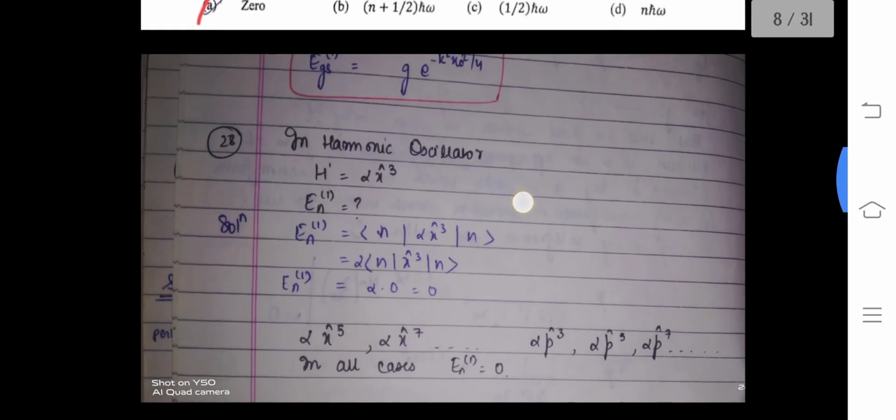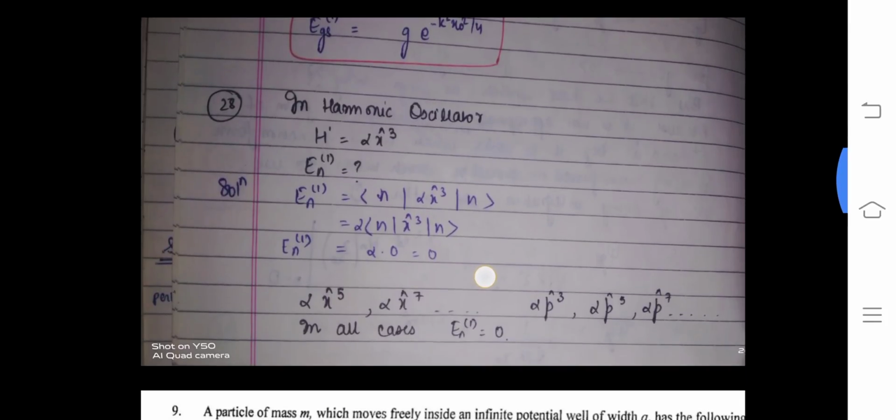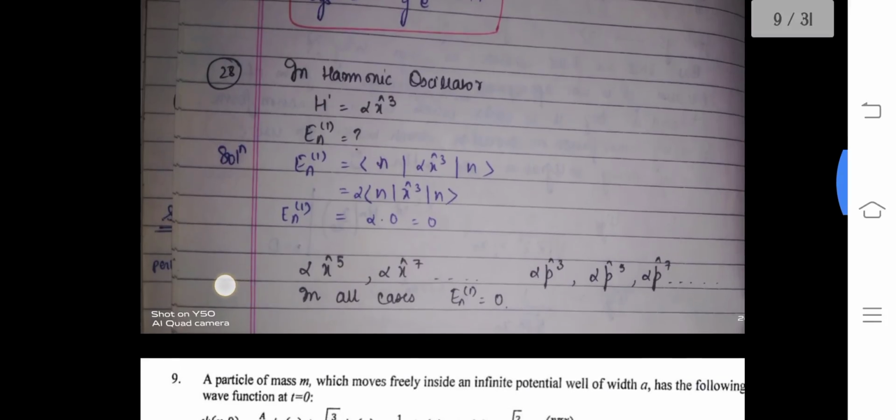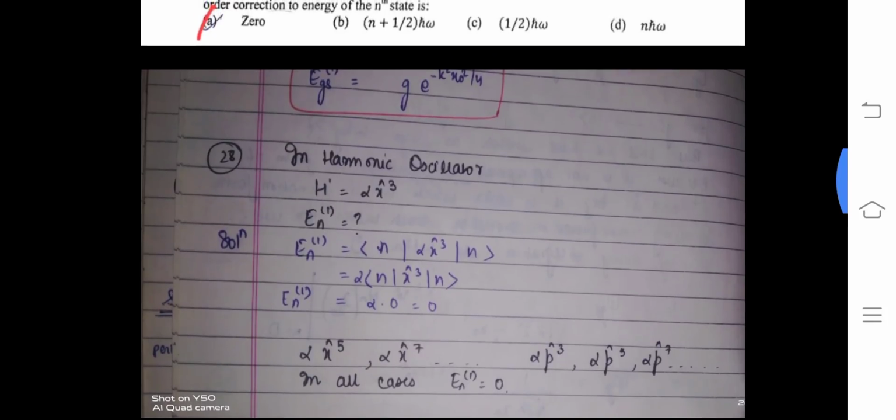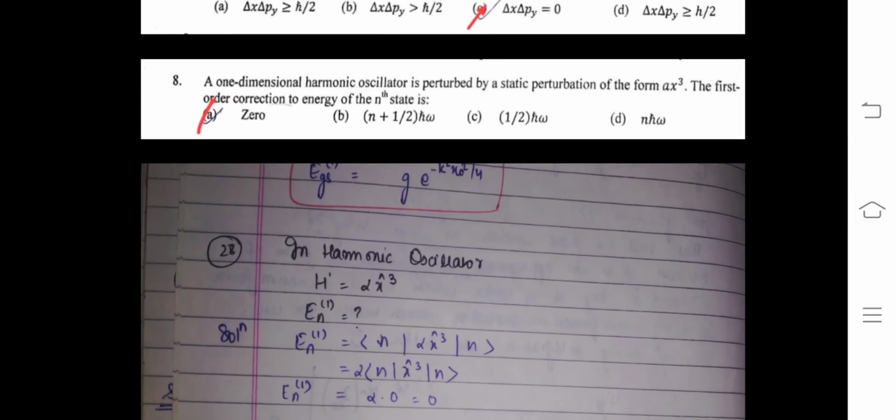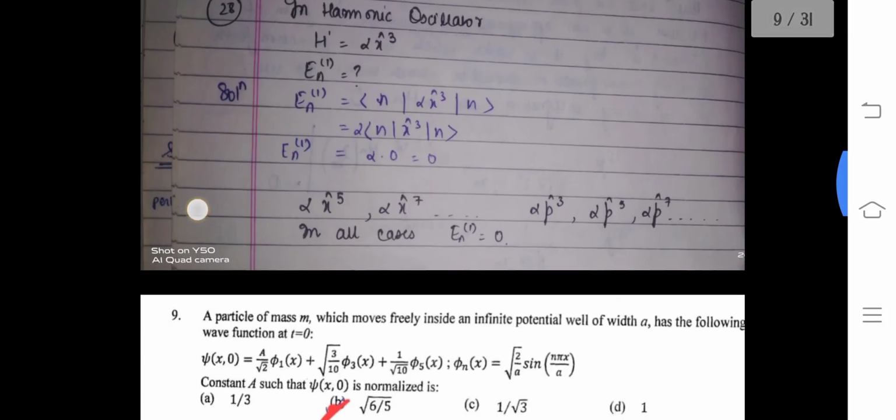If we have odd powers of x like x cube, x5, x7, or even in momentum, then we know the expectation value in a harmonic oscillator is 0. So it is a direct question: if you have odd powers of perturbation given, then the answer would be 0. No correction in the ground state will be there. Then the next question is also very simple, where we have been given the wave function.